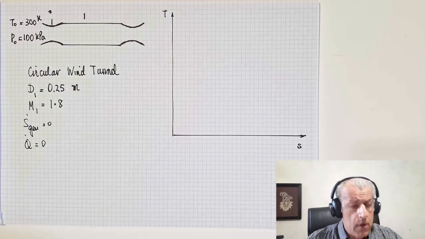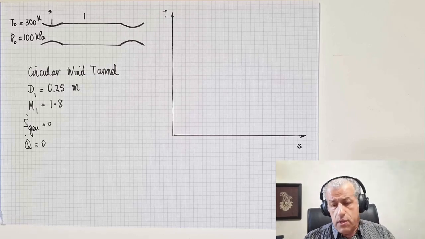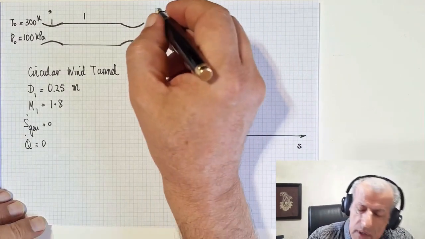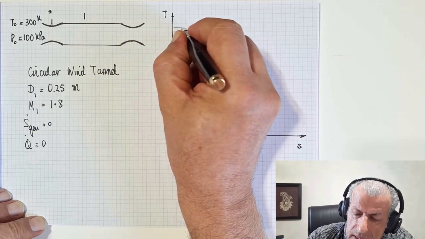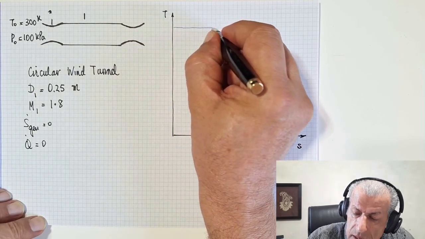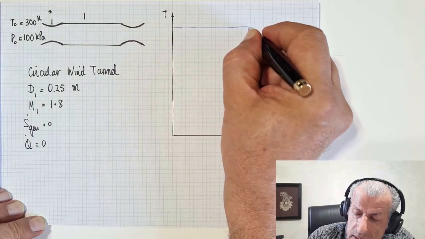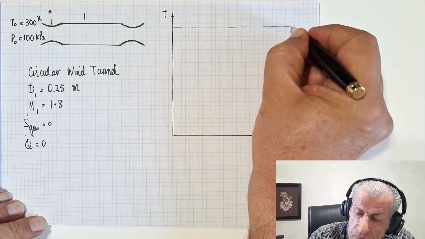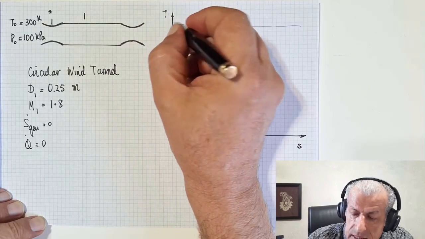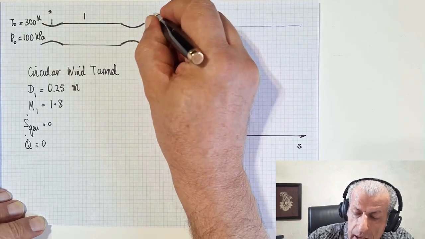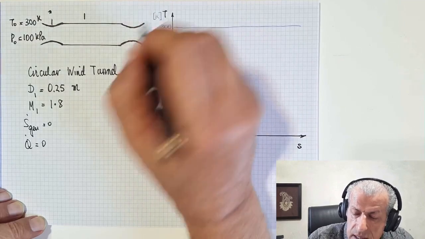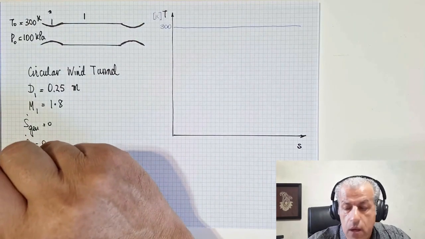We could show this to start with on a TS diagram. It's very important to show everything on the TS diagram, as I have done quite often in these videos, and say this is a constant temperature line, and that is 300 Kelvin.